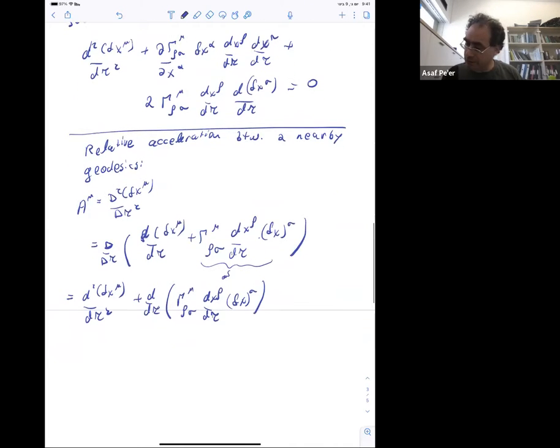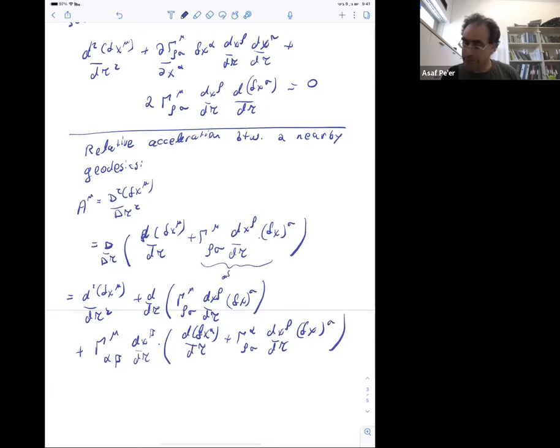Plus we have this extra Γ term, so Γ^μ_αβ, let's call it, dx^β/dτ, and then everything that is in here, which is dδx^α/dτ plus Γ^α_ρσ dx^ρ/dτ δx^σ. You see where each term here is coming from. I'm taking a covariant derivative, so each covariant derivative is a regular derivative plus this extra Γ term.